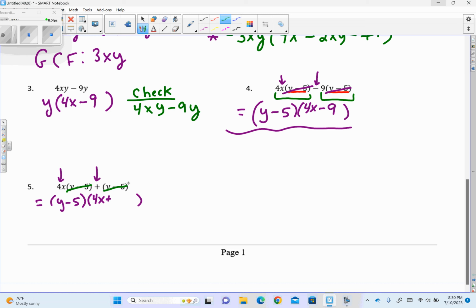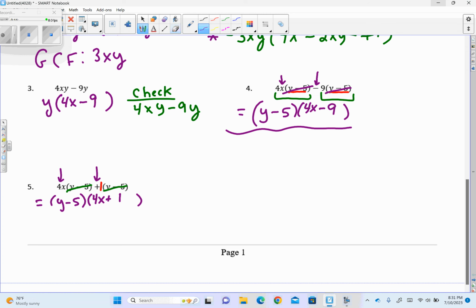What's a little more tricky about this one is if I take the y minus 5 from the second term, it looks like there's nothing left. But remember, when we're looking at multiplication with parentheses, if there's nothing in front, there's always that implied 1. So if I take the y minus 5 from the second term, what I'm left with in this case is 1.